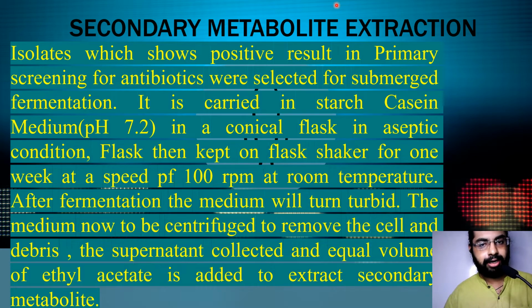This is a pilot scale project in a conical flask in aseptic condition. The flask is then kept on a flask shaker for 1 week at a speed of 100 rpm at room temperature. After the fermentation, the medium will turn turbid.